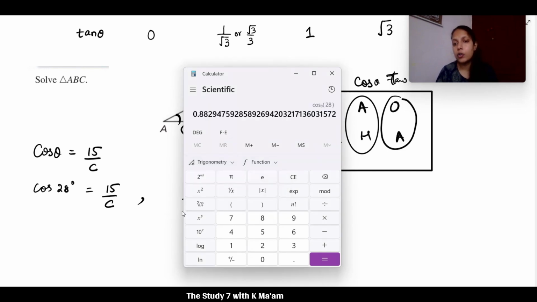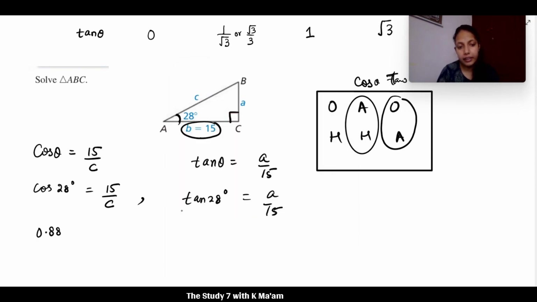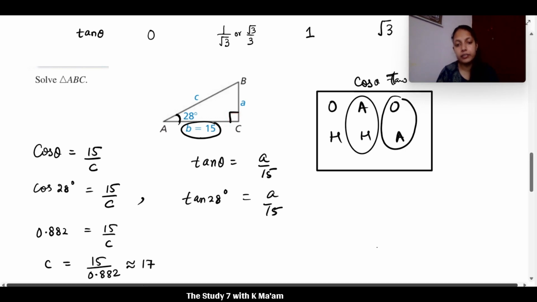The setting is also in degrees, you don't need to change. So it is 0.882. 0.882 is equal to 15 over C. You can calculate C, just 15 over 0.882. I'm getting approximately 17.